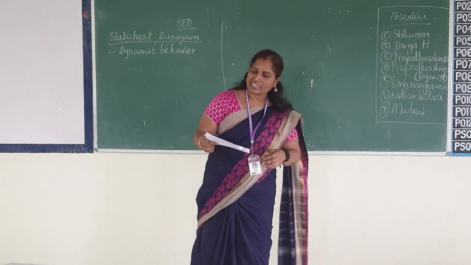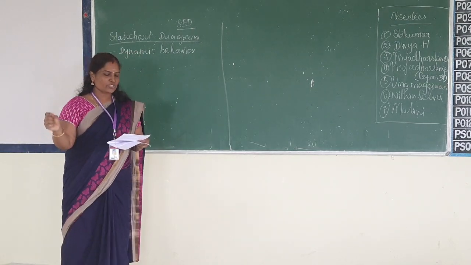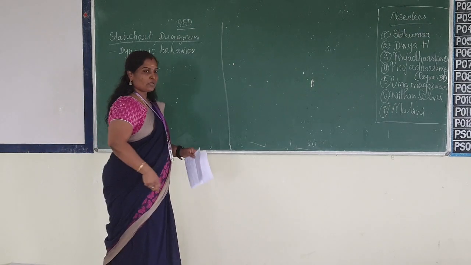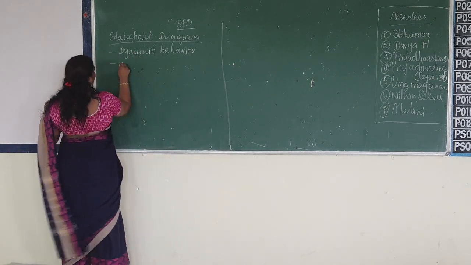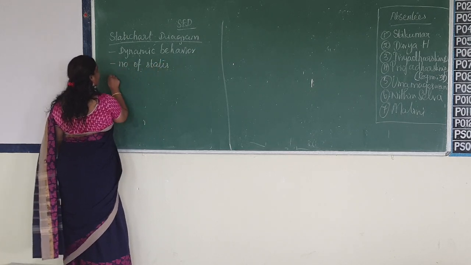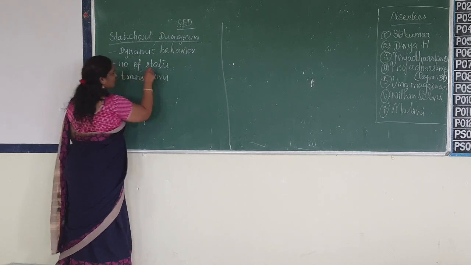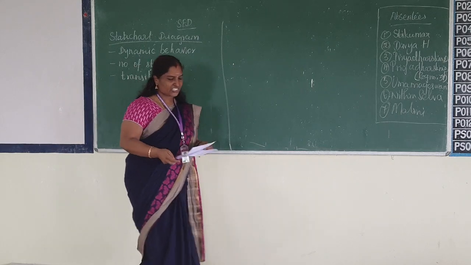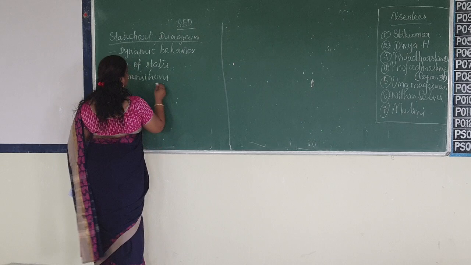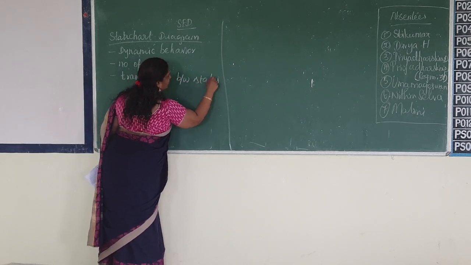State chart diagram describes the dynamic behavior of an individual object as a number of states and transitions between the states.